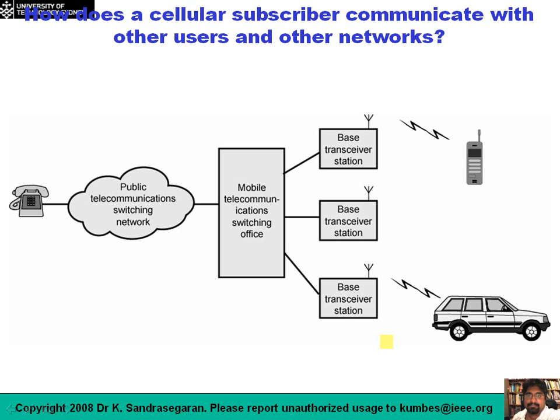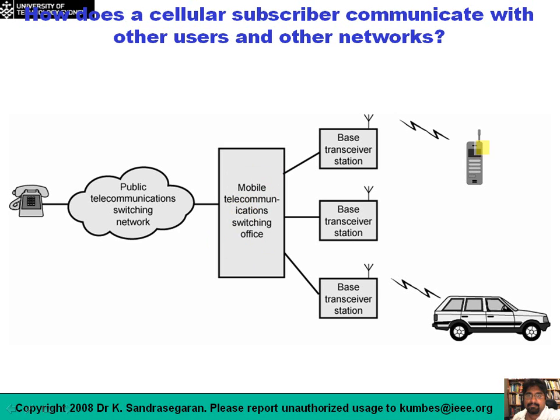Essentially, all users communicate with a base station over what is called the air interface, and from the base station, the signal travels through a number of nodes to a switching node, which is referred to as the mobile telecommunication switching office, or MTSO. In the case of GSM, this is called an MSC, but the generic term for this unit that does the switching is MTSO.